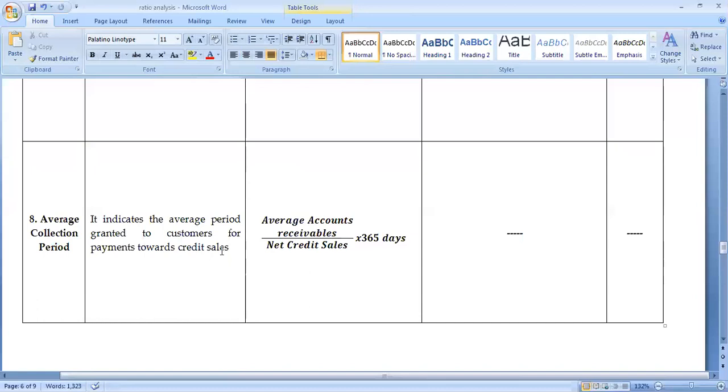So that will be analyzed in the case of average collection period. So average accounts receivable divided by net credit sales. As credit sales indicates, you are obtaining the credit facility, which will be delayed, it may be either 2 months or 3 months. So which will always be compared with 365 days, the number of days in a year.